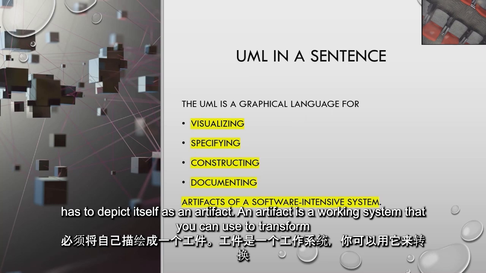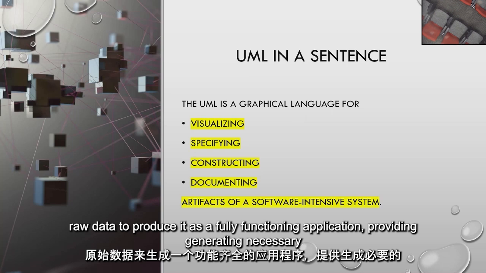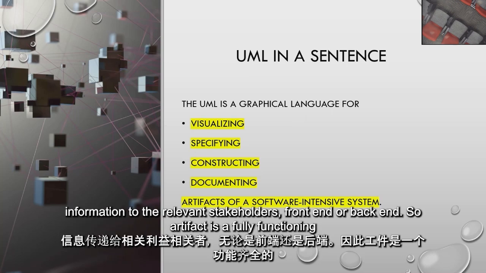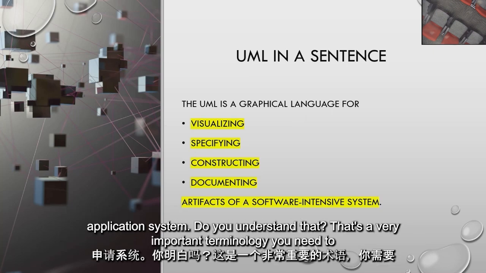An artifact is a working system that you can use to transform raw data, generating necessary information to the relevant stakeholders, front end or back end. So artifact is a fully functioning application system. Do you understand that?